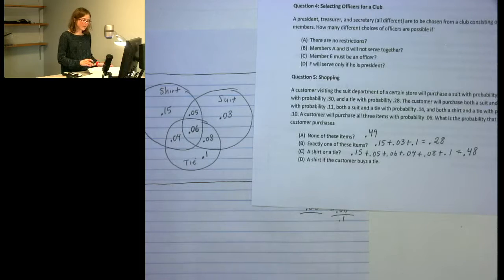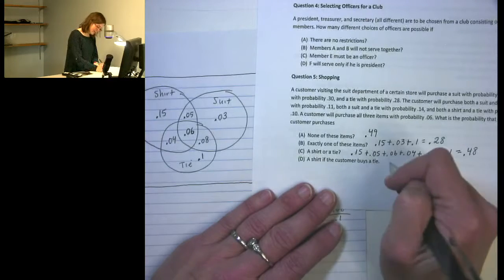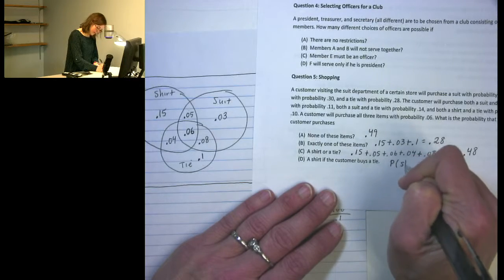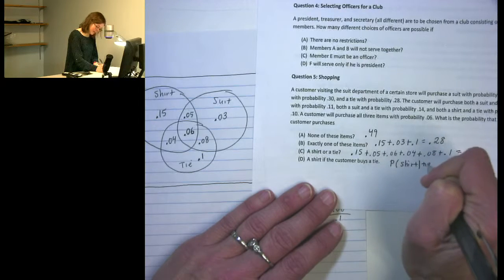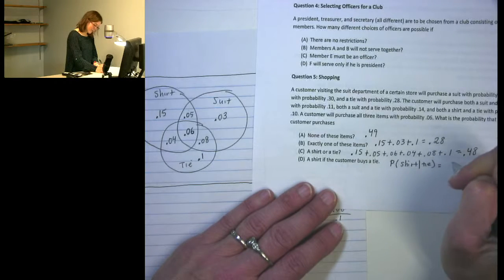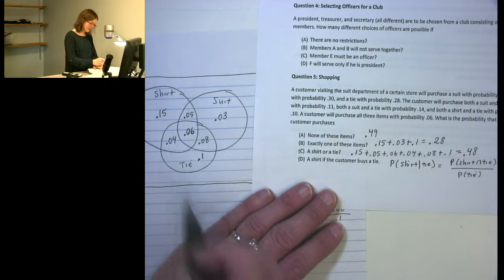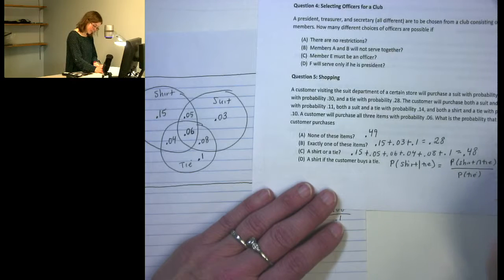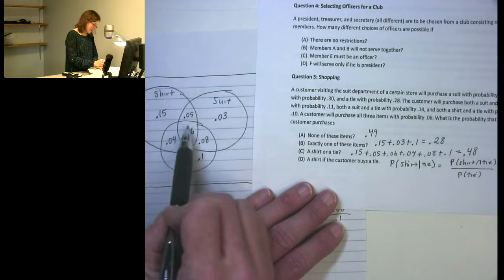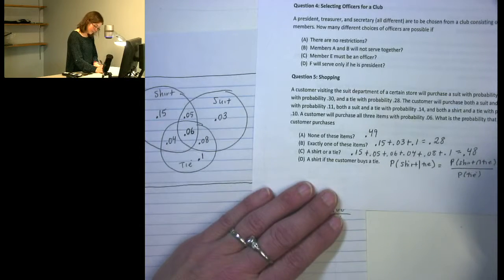And then if the customer buys a tie, keep in mind that this is the probability of a shirt given that they buy a tie. It's a given kind of statement. So I'm looking for the probability of a shirt and a tie divided by the probability of a tie. I can do that using the probabilities given up here or the Venn diagram, either one. With the Venn diagram, a shirt and a tie is 0.04 plus 0.06.